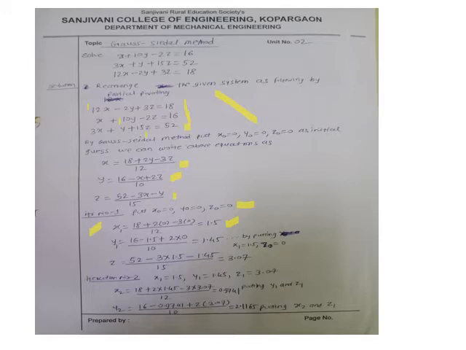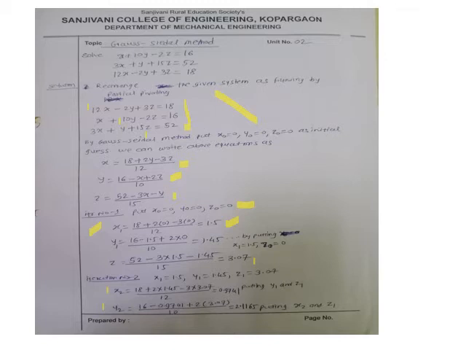Now you use the same values of x1 and y1 we just calculated to calculate z1. So z1 will be given by 52 minus 3 into 1.5 minus 1.45 divided by 15, that is 3.07. Now for the second iteration you choose the values which you have got, that is 1.5, 1.45 and 3.07, and you again find the values of x2, y2 and z2.